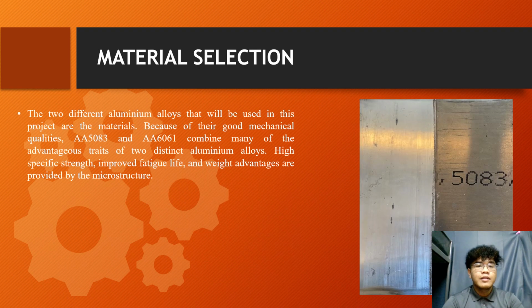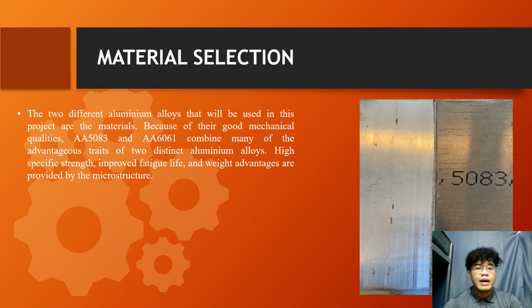The second methodology is material selection. In this experiment, we use two different types of alloy, which are AA5083 and AA6061. The purpose of using these two types of alloys is because they have good mechanical qualities.